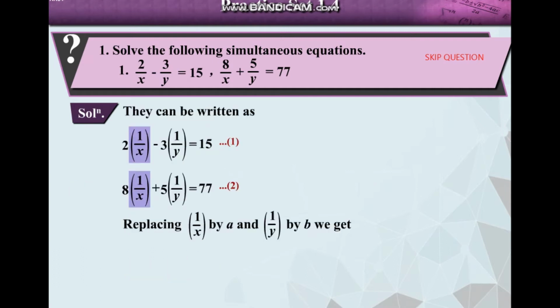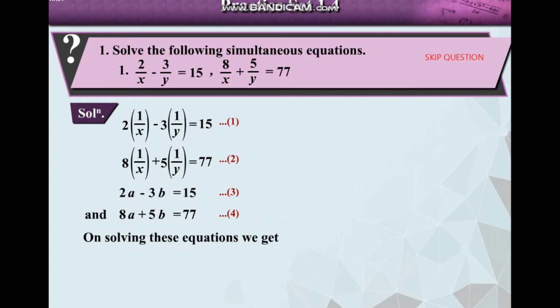Replacing 1 upon x by a and 1 upon y by b, we get 2a minus 3b is equal to 15. Equation 3. And 8a plus 5b is equal to 77. Equation 4. On solving these equations, we get a is equal to 9, b is equal to 1.